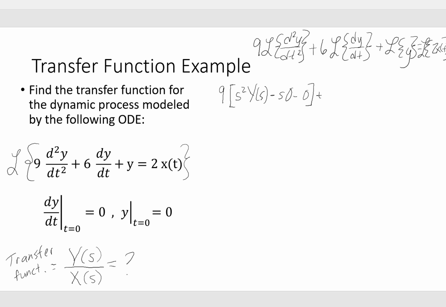Okay, for the next term we have 6 times the Laplace transform of that first derivative, which is s times Y(s) minus the initial value condition 0, plus Y(s), the Laplace transform of y, is equal to 2, we'll factor that out, times the Laplace transform of this variable x.